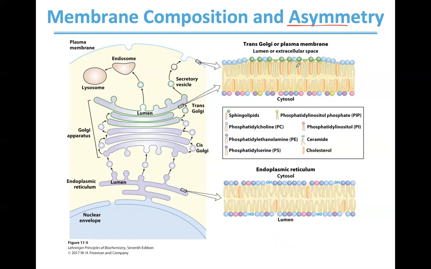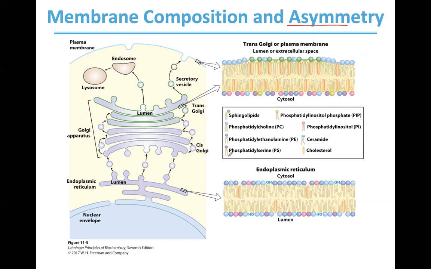So some lipids are present in the outer layer, and some lipids are more present in the inner layer. And so this is the distribution. Now I will not attempt to describe to you which ones are present, which ones are absent in the inner layer and the outer layer.